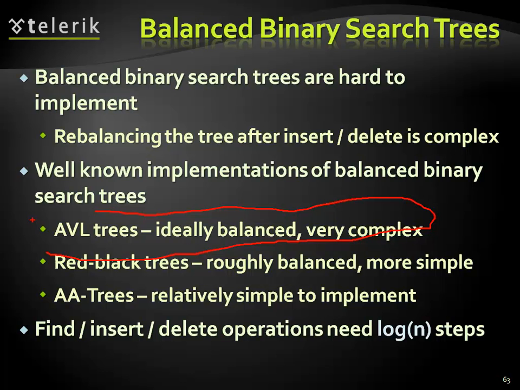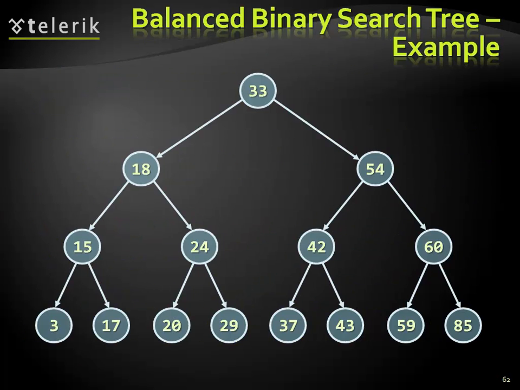If you have a question? What does roughly balanced mean? It means they're not ideal like this. This is ideally balanced; roughly balanced is different. For example, this thing could be missing, and this thing could be one level higher, one depth higher. It would have a higher height.